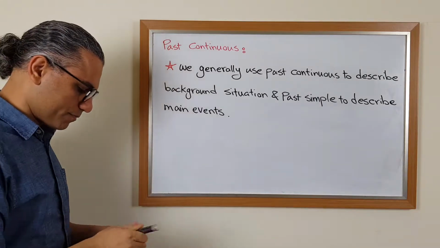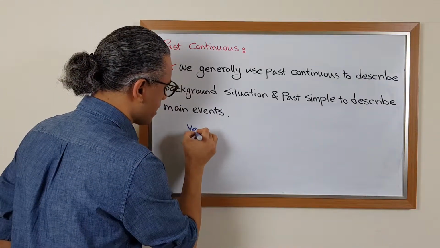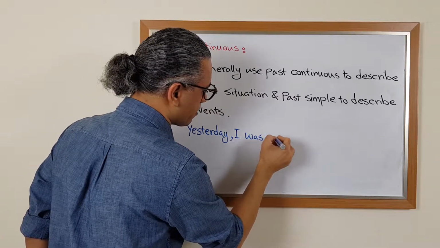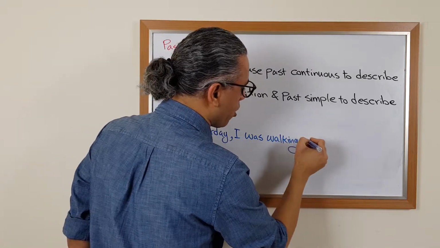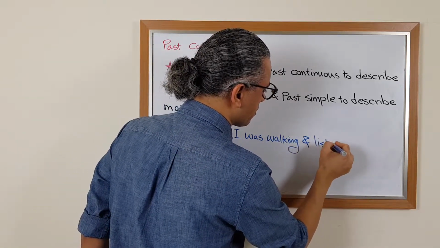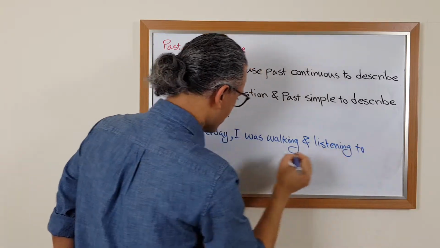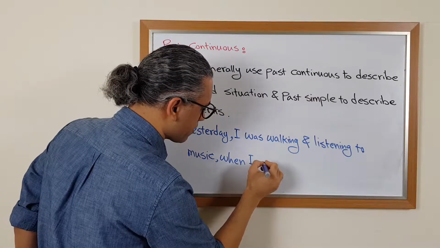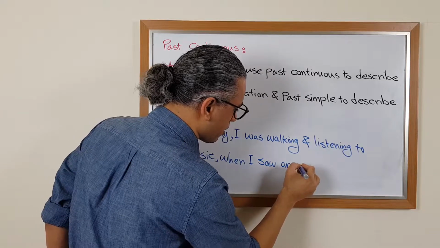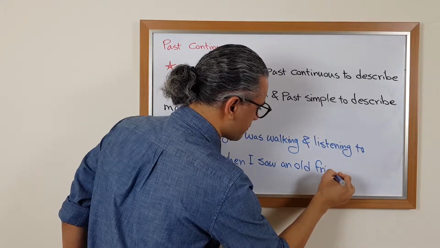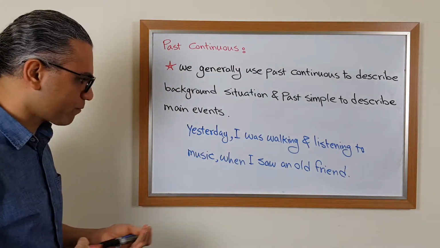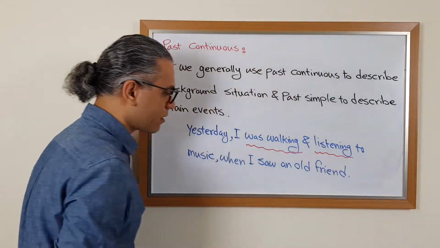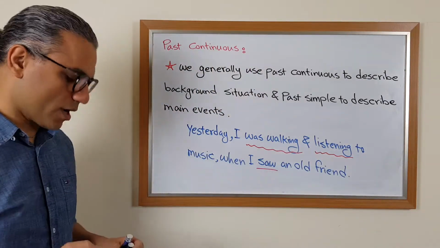Let me write an example. Yesterday, I was walking and listening to music when I saw an old friend. I was walking is in past continuous, listening, another past continuous, but the last sentence is in past simple.